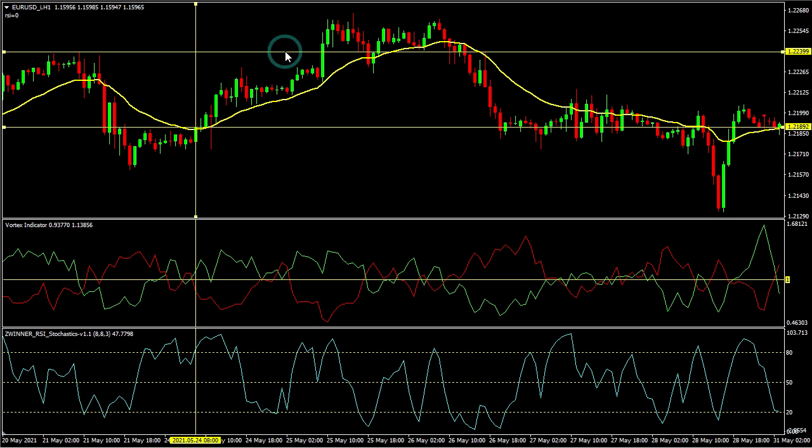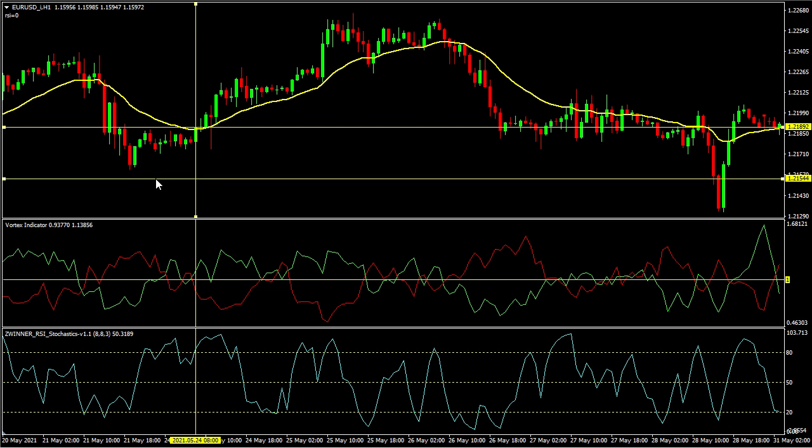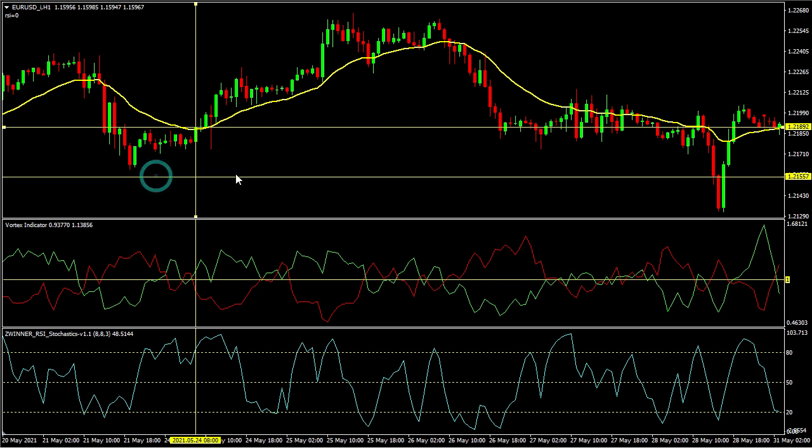Let's have a look. The low is 1.2160, 5 pips less, 1.2155. So you bring it here, 1.21555. There it is.